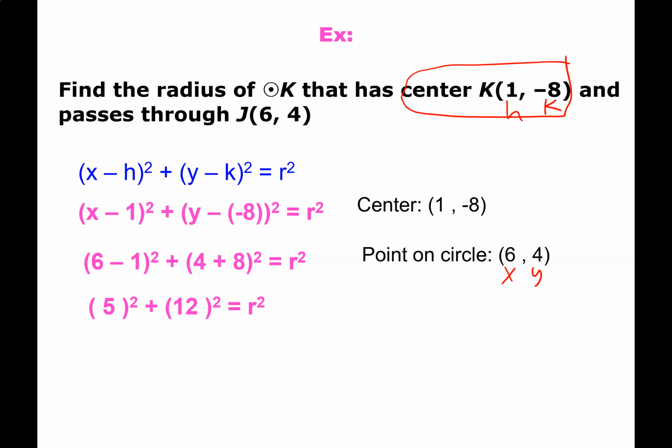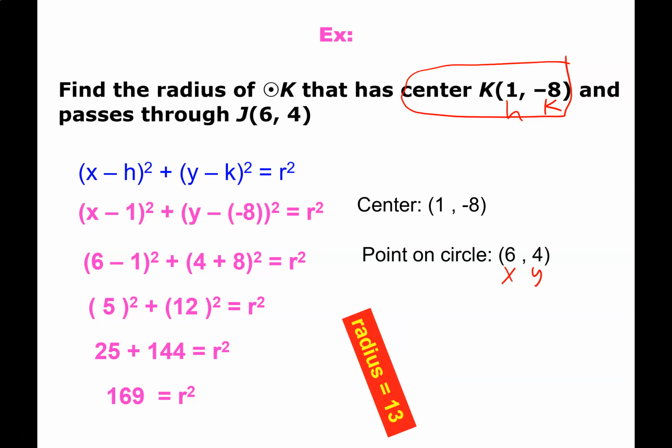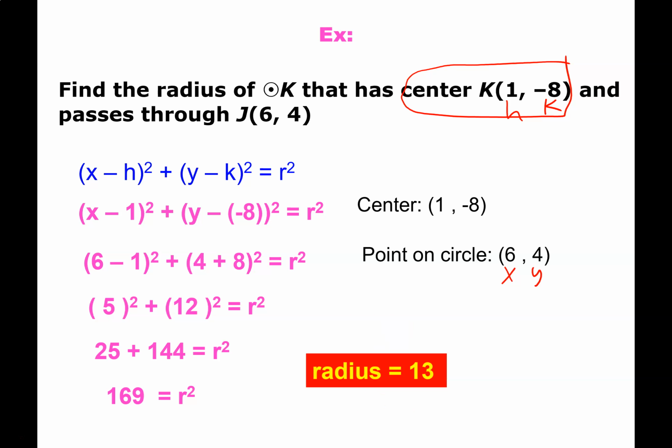So we should end up with 25 plus 144 equals r squared. Again, we don't want r squared, we want r. Square root of r squared is just r. So 25 plus 144 gives us 169. Take the square root of each side. My radius will be 13.